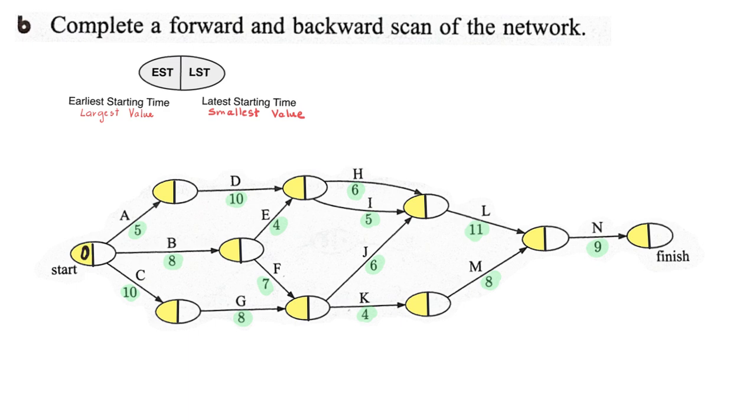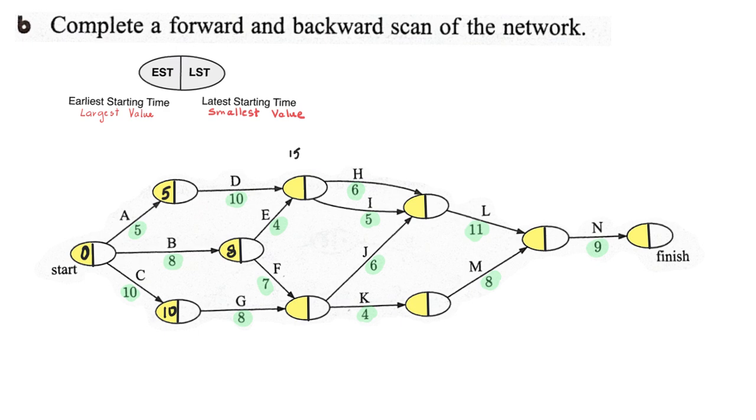Task A will take 5 minutes, task B will take 8 minutes, and task C will take 10 minutes. The starting time of this node will depend on the largest value, or on the longest time it'll take to do task D or task E. Task D will take us 10 minutes on top of the 5 minutes, so this will be 15 minutes.